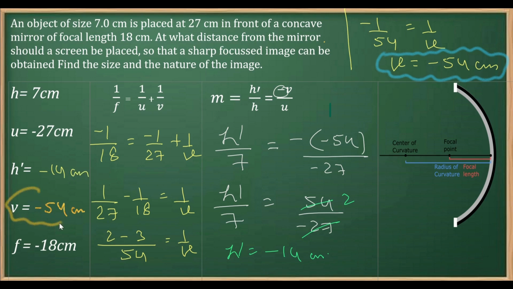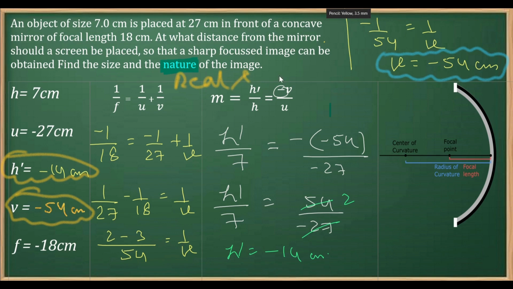Number one, the distance of the screen, which is the same as the distance of the image, second is the height, and third is the nature. And nature we have already discussed that it is real and inverted. So you should write in the exam, this is real, right? A real image is formed, and real is always inverted.